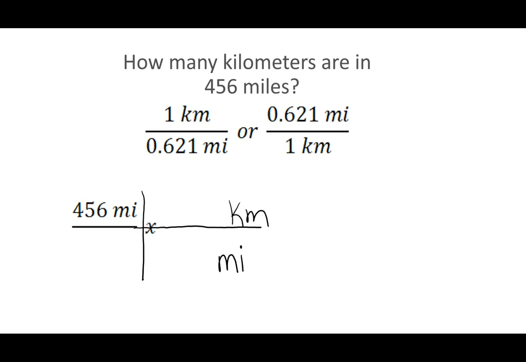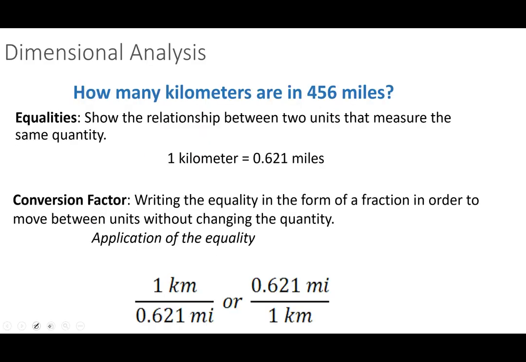Now my units are guiding my problem. I know what unit goes on the top, what unit goes on the bottom. Now I just need to peek back at my equality to determine what number goes with each of those units. So flipping back to our equality here, I see the number 1 is attached to kilometer.